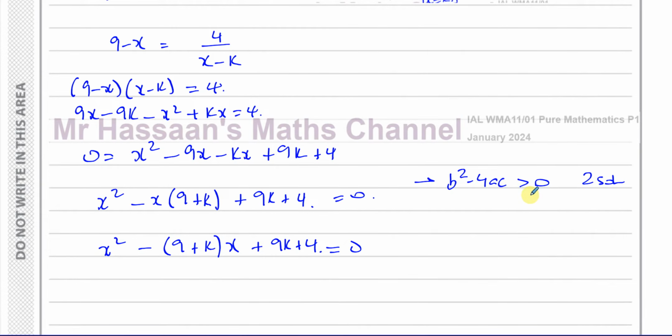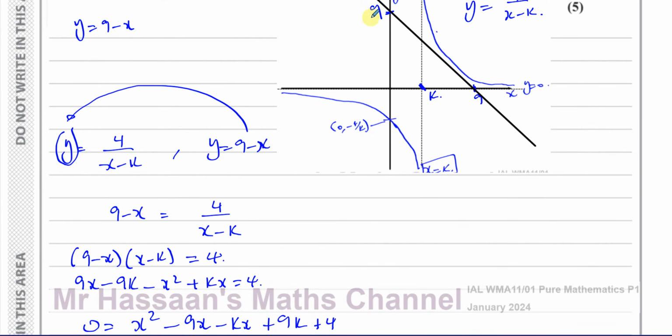If I wanted to show where the line is a tangent to the curve, then I would equate this to 0, because there will only be one solution. When b squared minus 4ac equals 0, the line is a tangent to the curve.